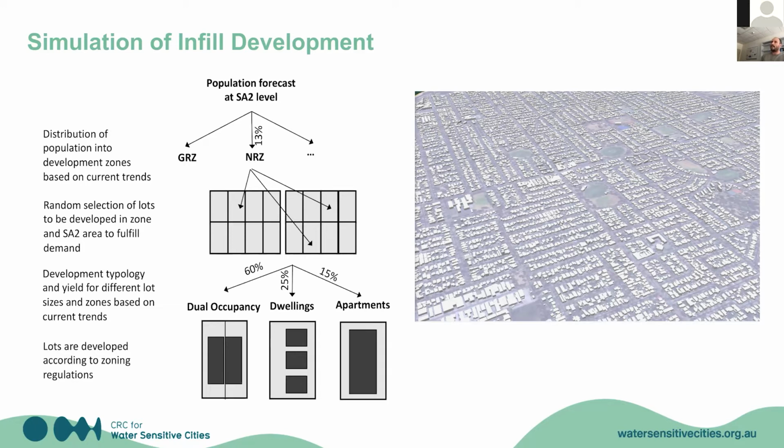And then for each of those zones, you're able to simulate which percentage of that is going to move into the side-by-side buildings that are quite common, which are moving into the townhouse buildings or dwellings, and which of those fractions is going to go into apartments. This is how we can set that up in the model as well. So basically you can add your zoning regulation in there.